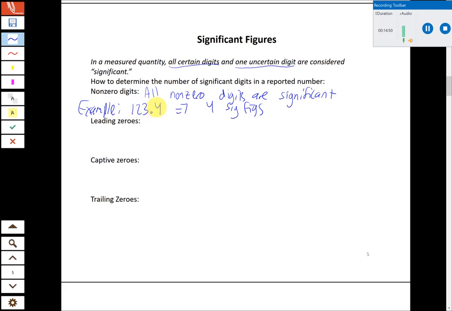Now, when we have zeros in the number, they have some different rules associated with them. Leading zeros, as they're called, are zeros coming before the first non-zero digit. All zeros that come before the first non-zero digit are going to be non-significant.